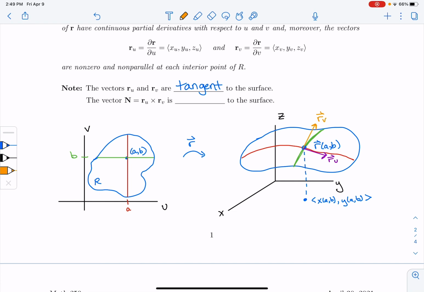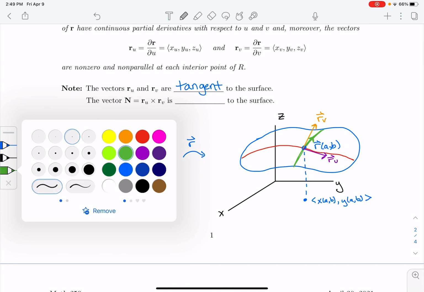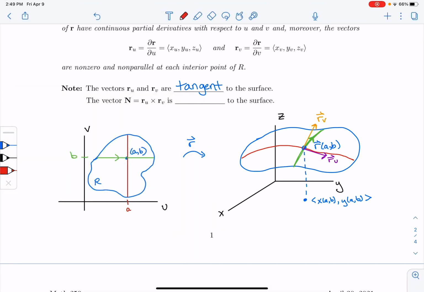So that would assume that going this direction along that curve will take you this direction along that curve. And then if we go this direction along where u equals a, that'll take us this direction along that curve.